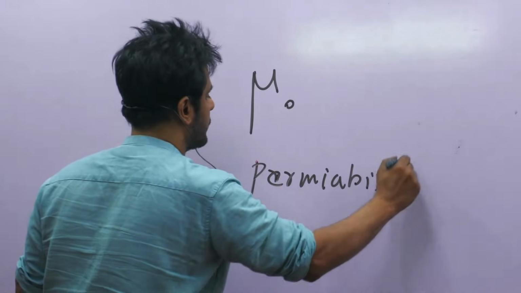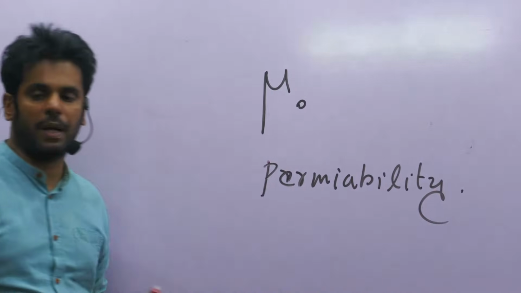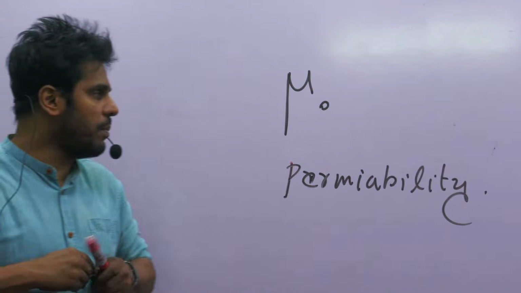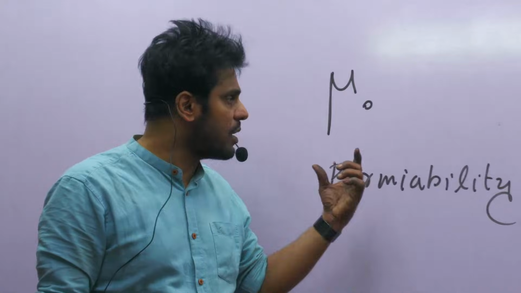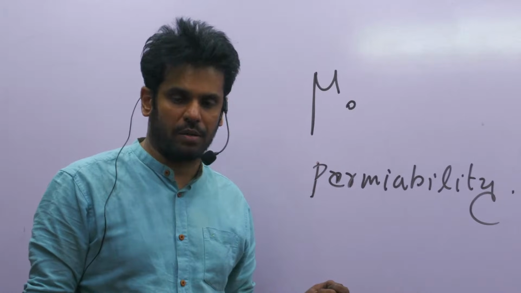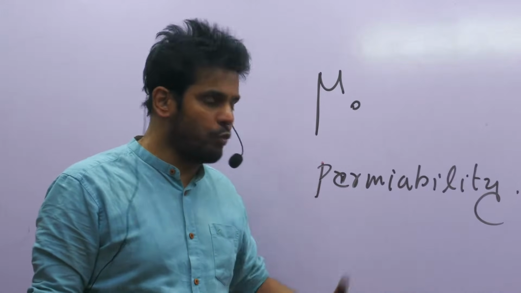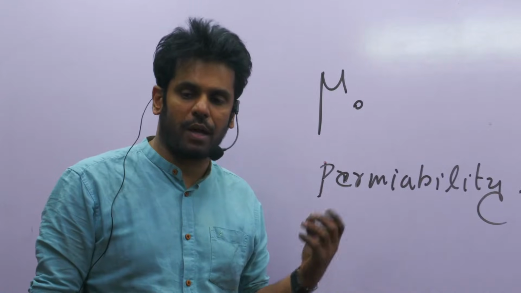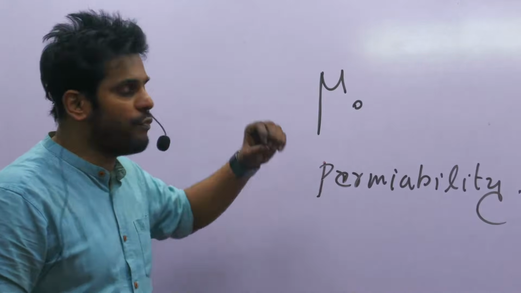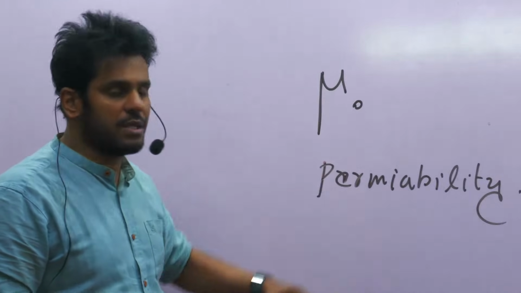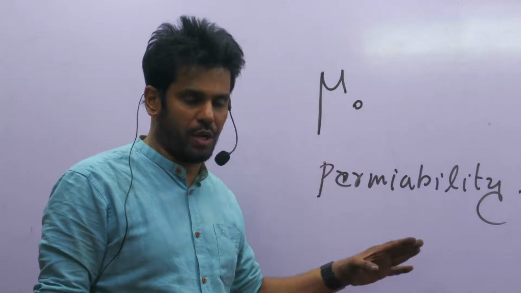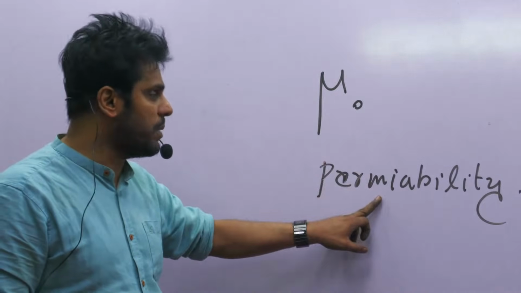Permeability represents the strength of the magnetic field at a point. It represents the magnetic field magnitude. It is the factor of the magnetic field. That is called permeability.